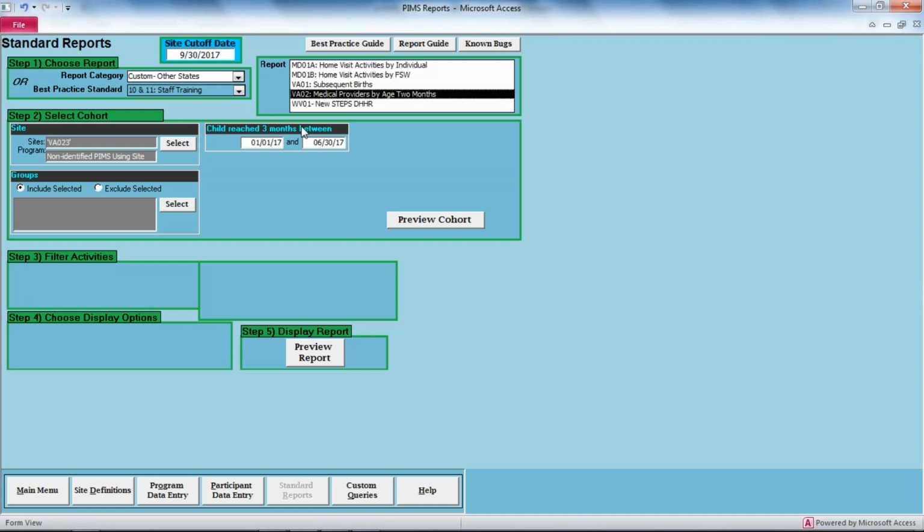You want to look at the children who reached 3 months in the period that you're looking at. So in this case, it would be, and this might give us too small a group. Let me leave that because we have small groups of people here. But for your purposes, these numbers would be the quarter, the current quarter that you're looking at.